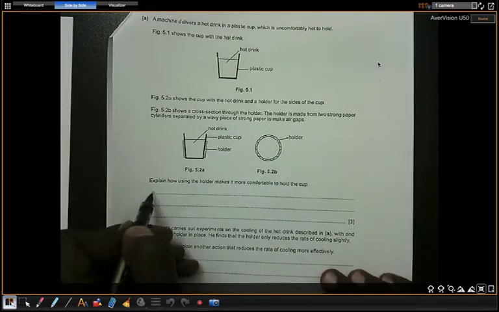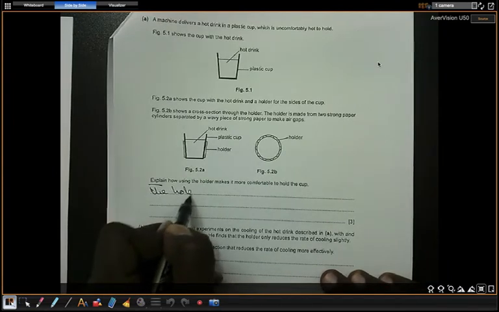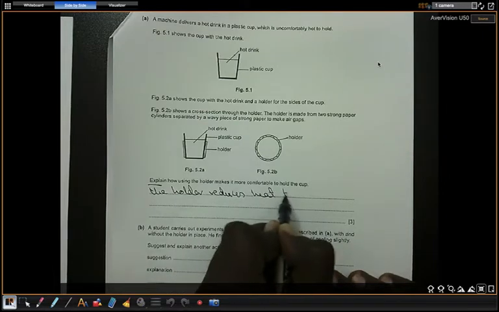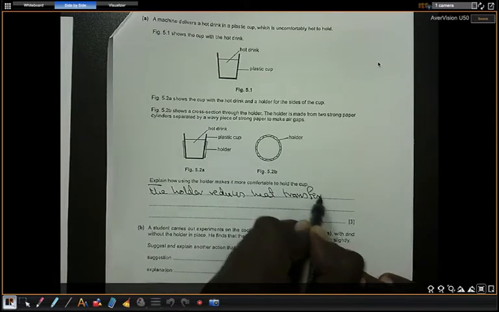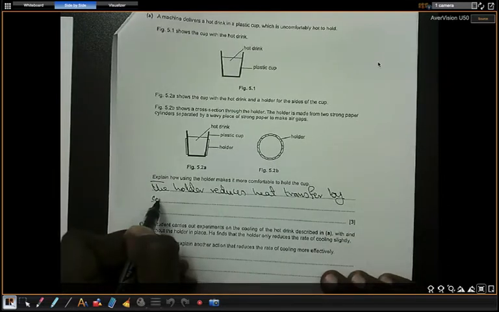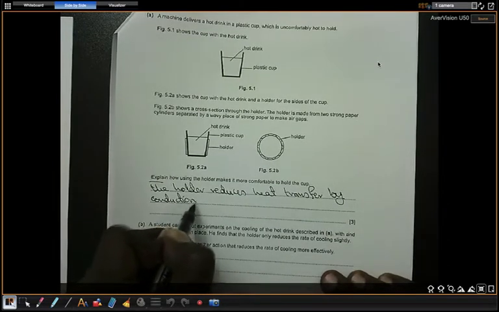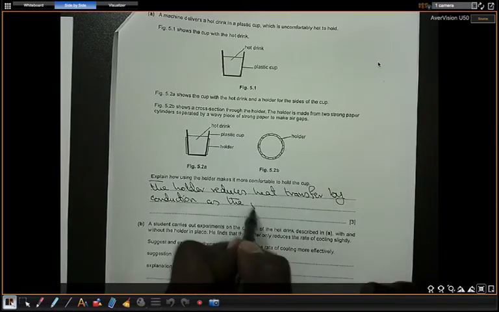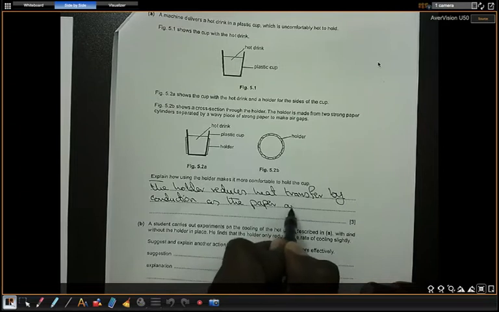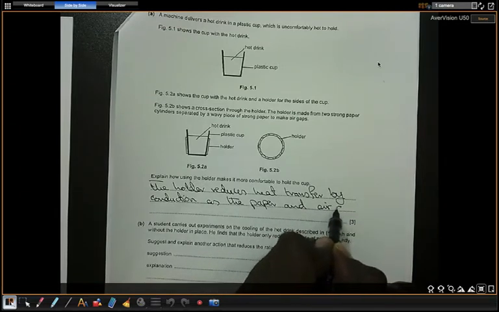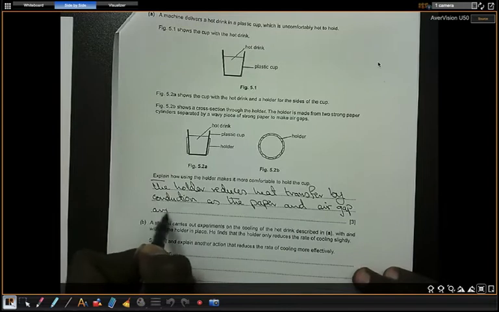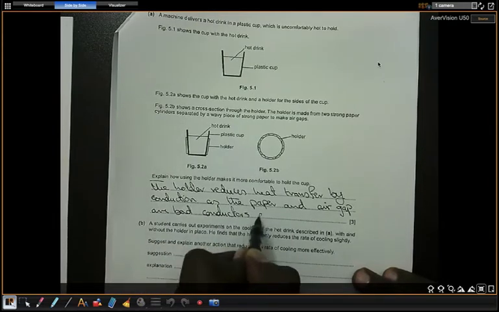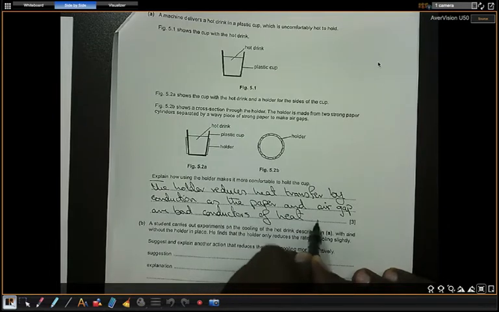Now you've got to say the holder reduces heat transfer by conduction, as the paper and air gap are bad conductors of heat. All right?